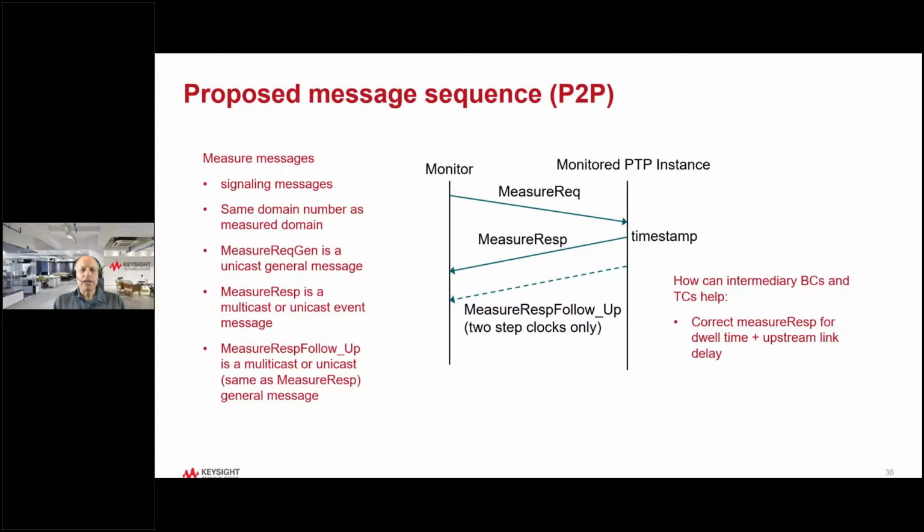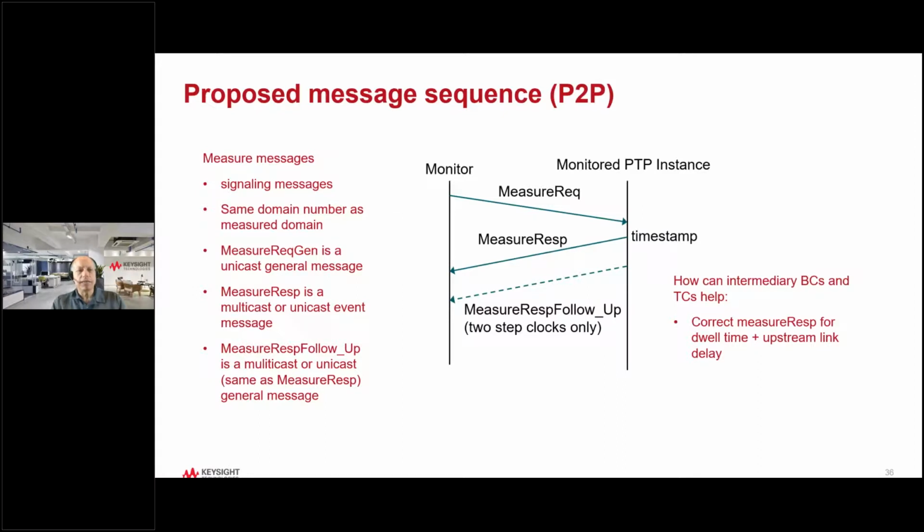In the case of working in a PTP, we still use signaling messages. The measure request is unique. We still use the same domain number, and the measurement request is always unicast, but the response can be either unicast or multicast depending on the implementation.